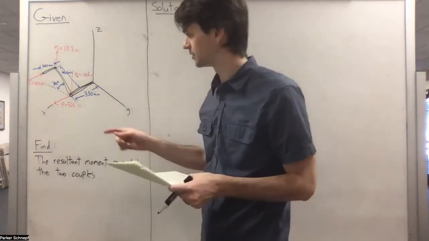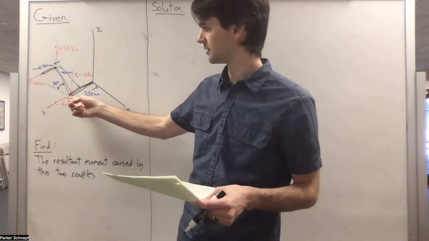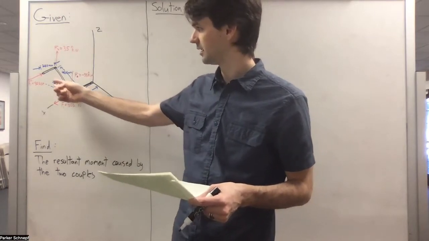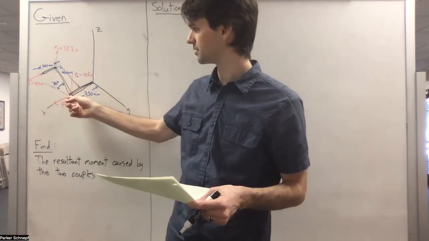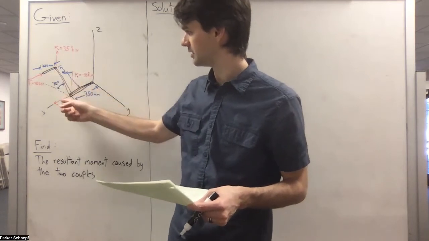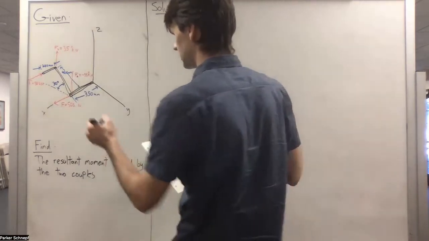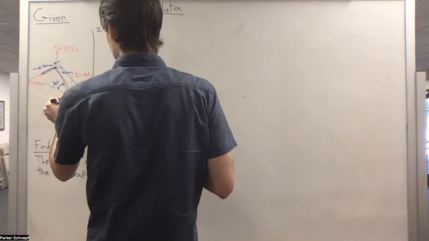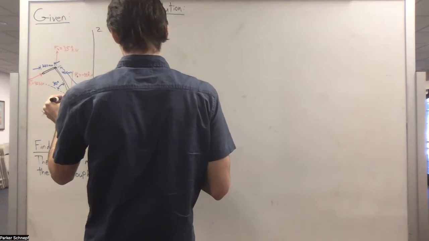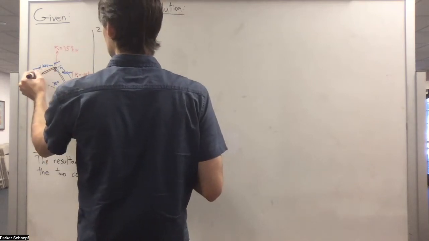Usually the easiest thing to do is pick a point on the line of action of one of your forces, and then use that for your position vector. I'll demonstrate. We're going to call this point A down here, this point B, and this point C.